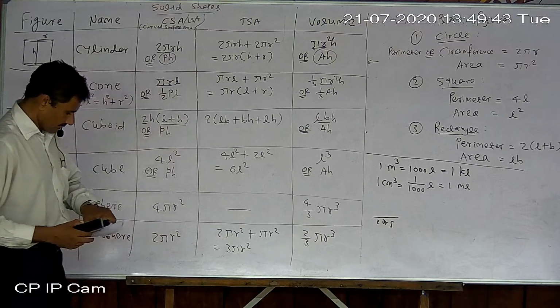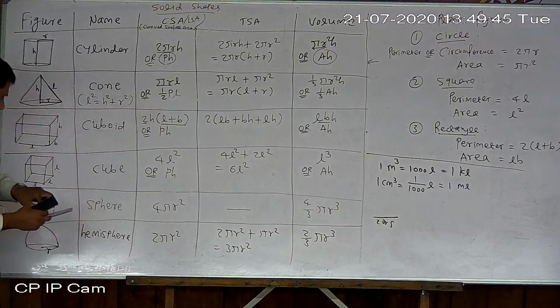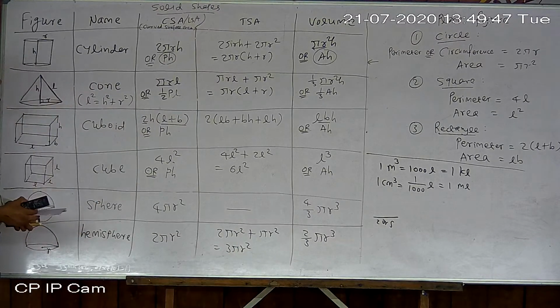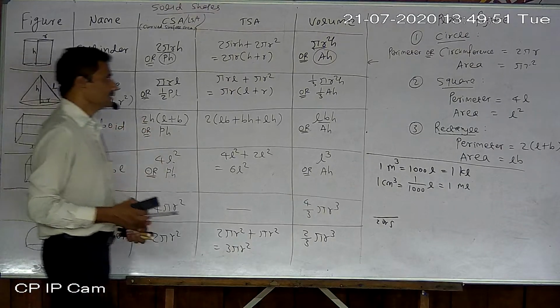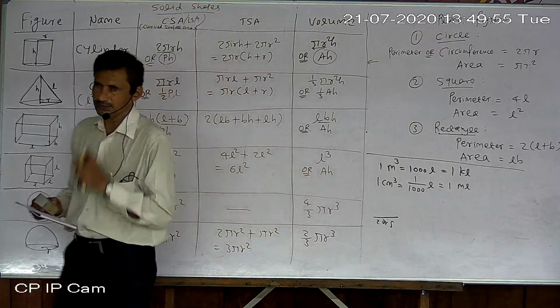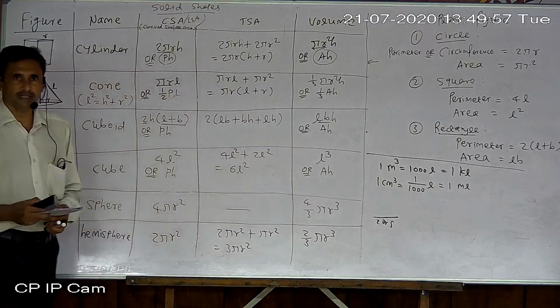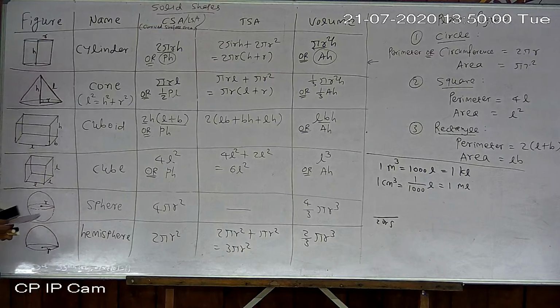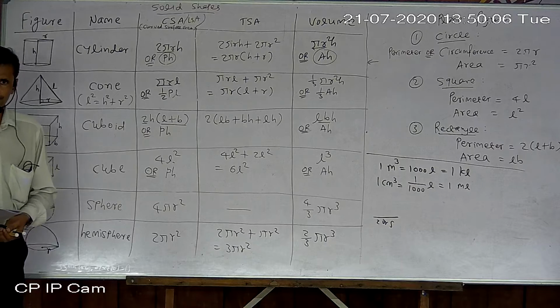You can observe here, there are so many formulas given, and therefore lesson number 13. We are going to start lesson number 13 from the next lecture. Now these are all solid shapes, or three-dimensional shapes, you know.